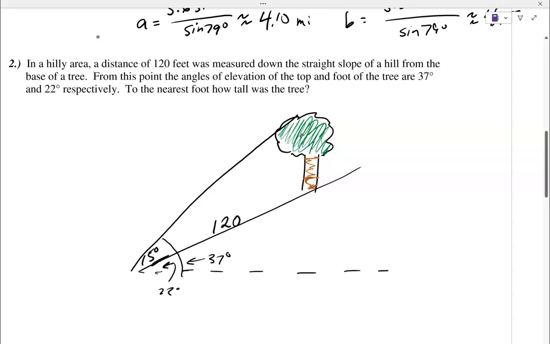The tree is opposite that 15-degree angle. So far we've got something that looks like 120 here and 15 here, right? But I need one more angle. We can figure it out. Let me help a little bit.